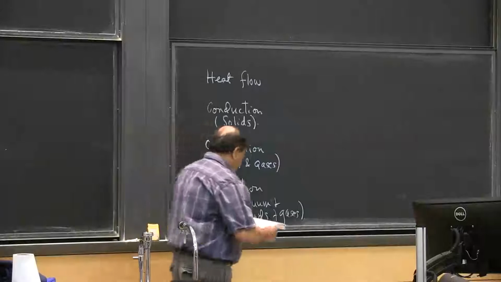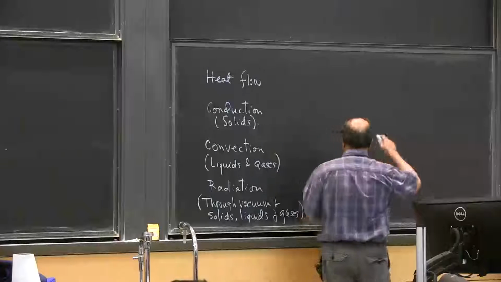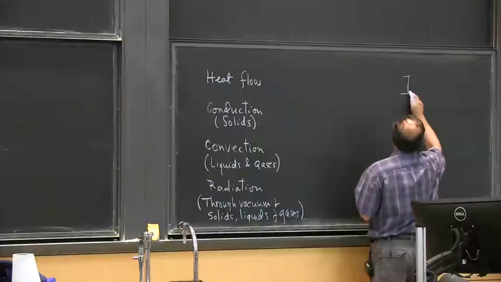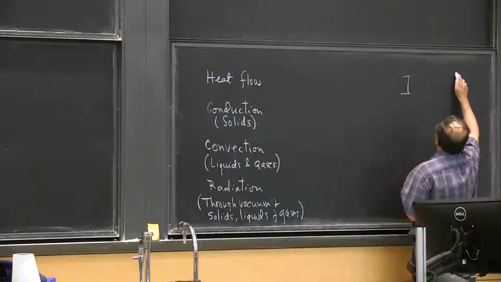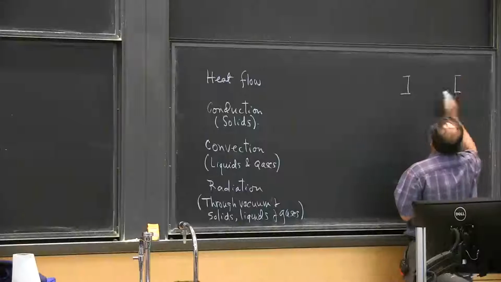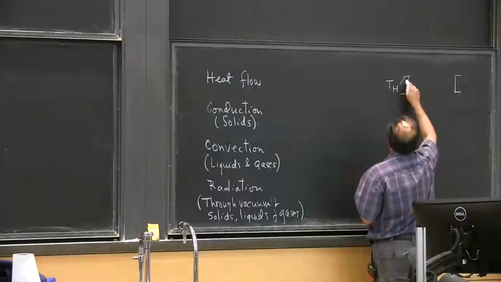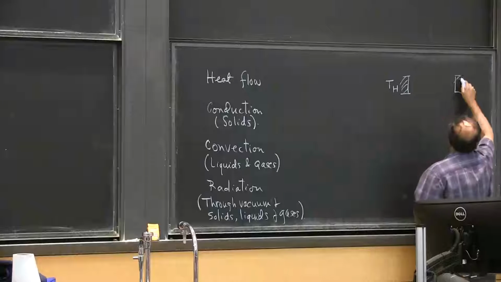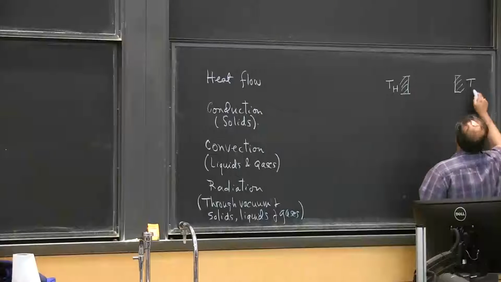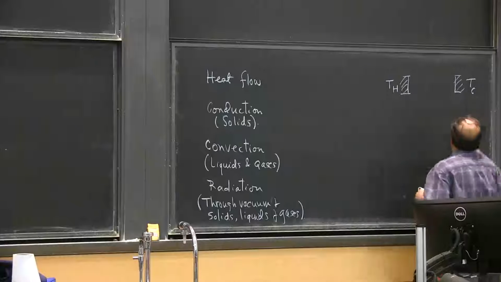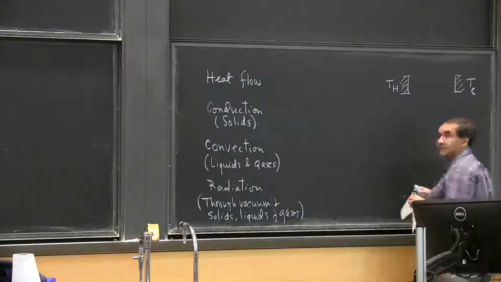The conduction problem is actually, the way at least you guys need to figure it out, quite straightforward. What we'll have is, let's say, one end at a certain temperature, the other end at a lower temperature. So let's say the temperature here is high. I'll call it T high. And this side is at T cold. Okay.